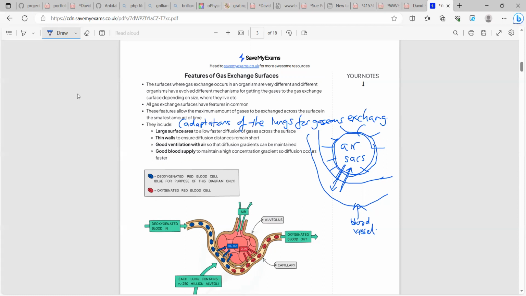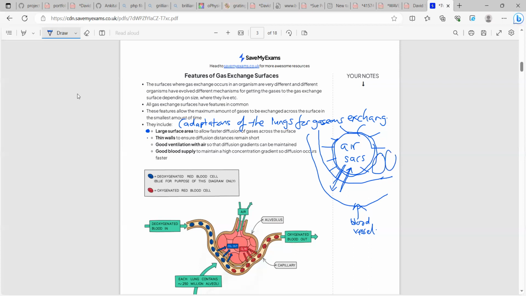All gas exchange surfaces have these features in common. So these are the features that we're interested in. The gaseous exchange surface has a large surface area. In our case, we're looking at the human respiratory system. We have many air sacs in the lungs, isn't it, to improve the surface area. That's a large surface area.